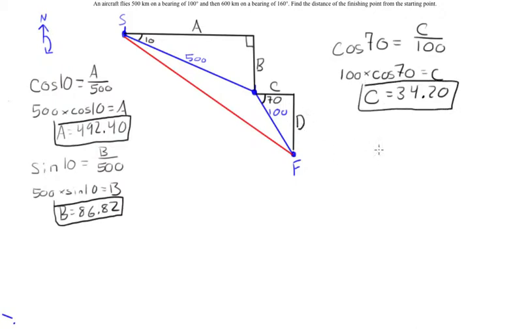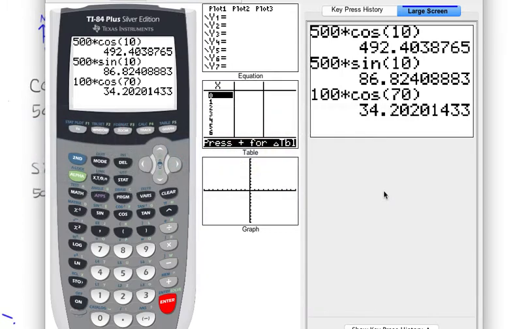And finally, side D. Well, side D is going to be the opposite side from this angle 70. So I have sine of 70 is equal to D over 100. I multiply both sides by 100, so I get 100 times the sine of 70 is equal to D. Okay.